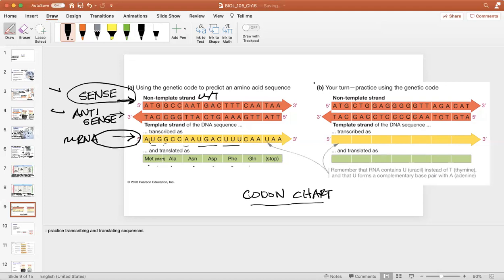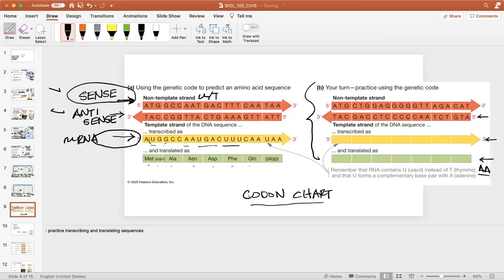But what I'd like for you to practice is transcribing this template strand here into mRNA, and then using the codon chart that's in your book or in the previous slides from this lecture to translate it into an amino acid sequence.